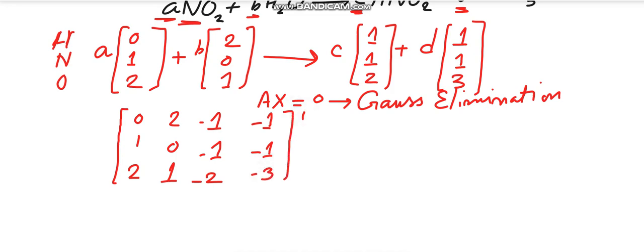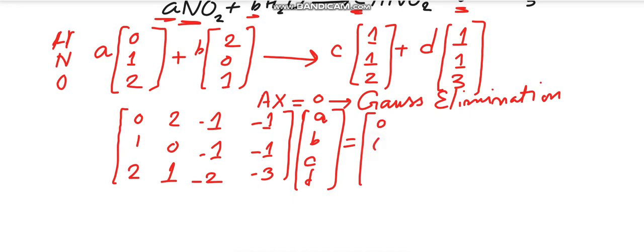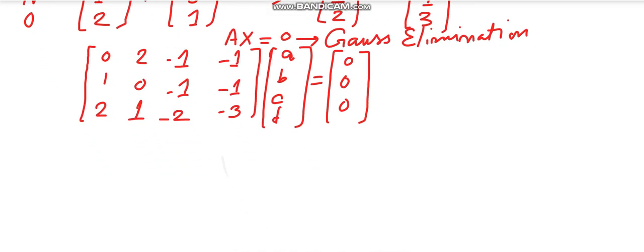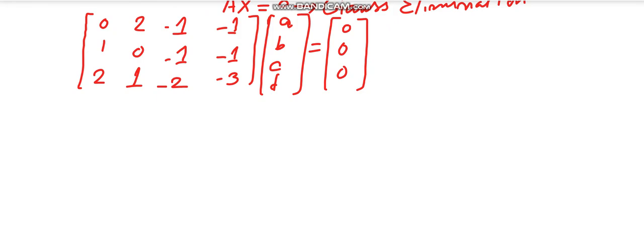The variables involved in this system are A, B, C, and D. Fine. While on the right hand side I will have 0, 0 and 0 because all the products have been moved towards the reactant side. The next step is to write the augmented matrix of this system.